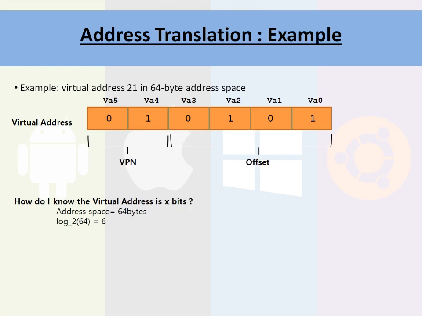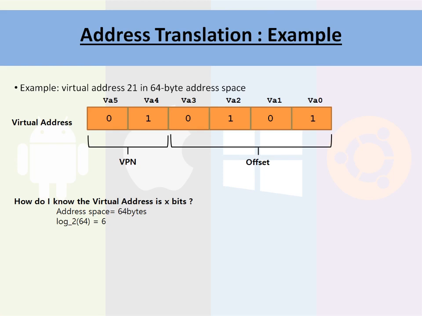Okay, so on to that first question: how do I know the virtual address is X bits long? Well, here we basically have to think about it a little bit. I have a 64-byte address space, so I have 64 addresses or values that I need to store in a binary string. And the question is, how long is that string?